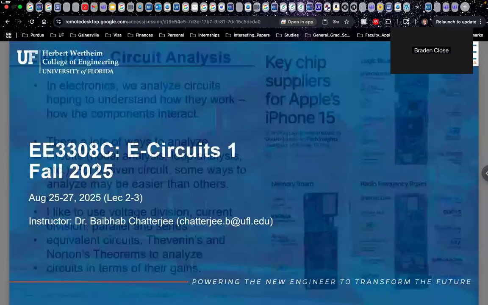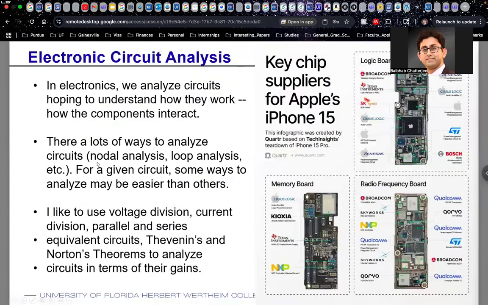Okay, so last time we started discussing electronic circuit analysis, and as you know, you have already learned some of these analysis methods, including nodal analysis, loop analysis, etc. in your previous class. In this lecture, we look at the techniques.